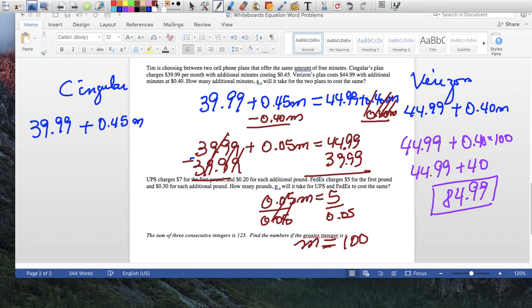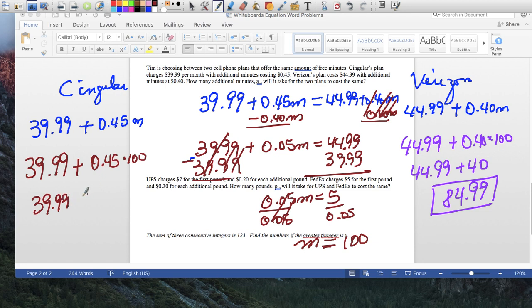Now let's see what happens with Cingular. Now let's say that I am on the Cingular plan, and I also speak for 100 minutes extra. So I'm going to pay 0.45 cents per the 100 minutes that I spoke a little bit extra that month. So if I multiply 45 cents times 100, I'm going to get $45. So I'm going to pay the $39.99 that I have to pay anyway for the month.